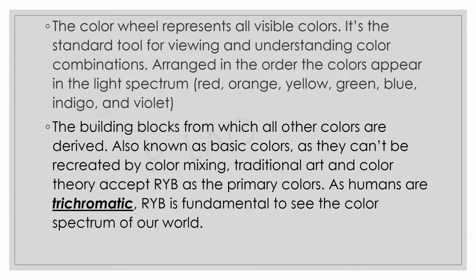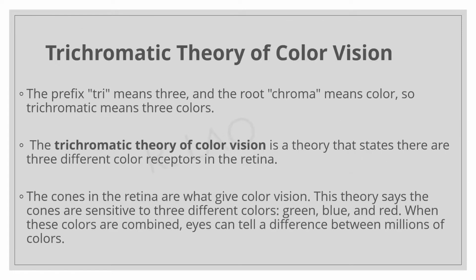When we say trichromatic theory of color vision, it means, the tri means three, and the root chroma means color. So trichromatic means three colors.